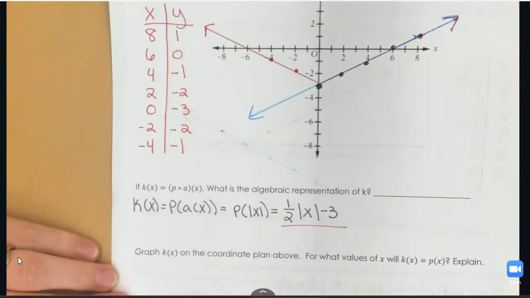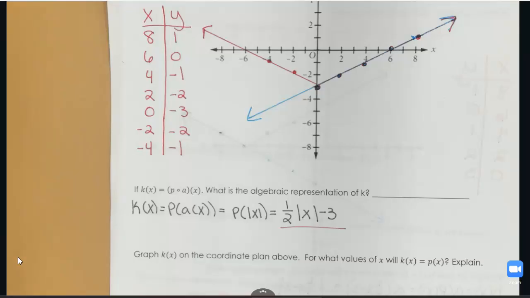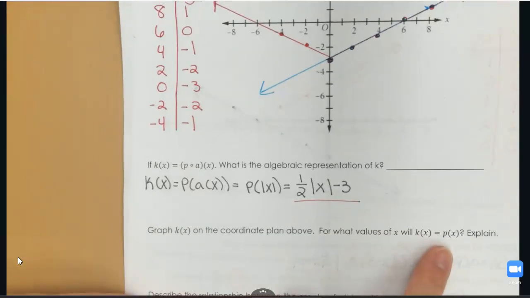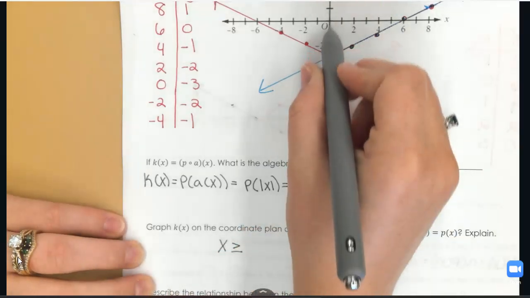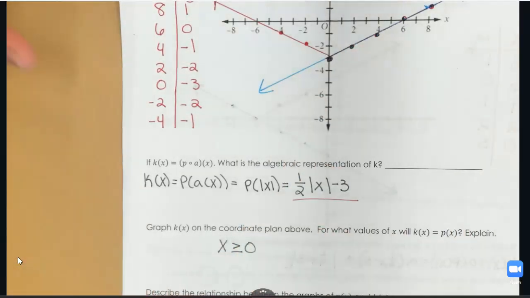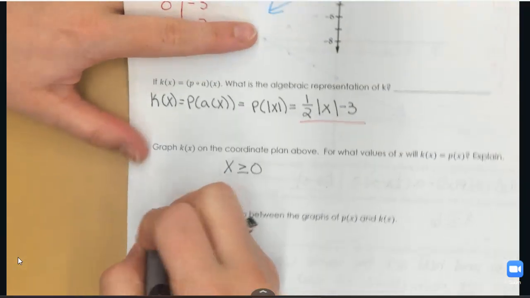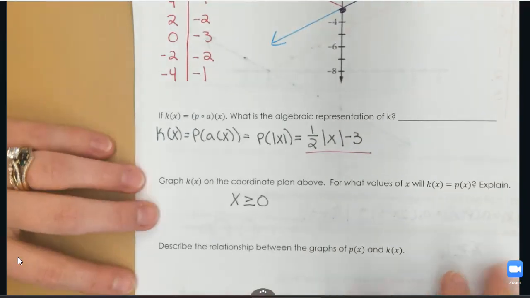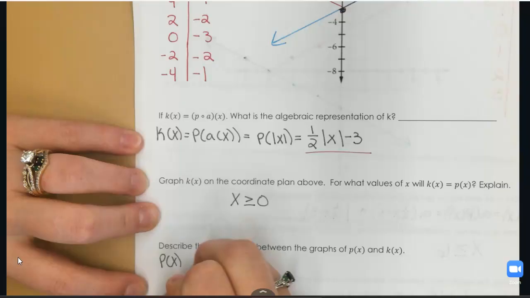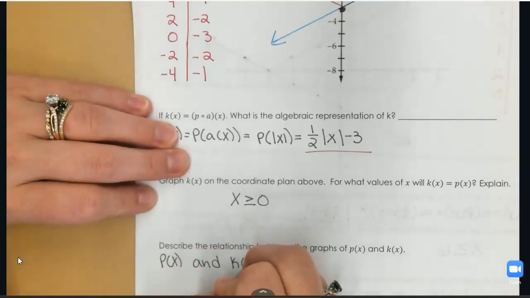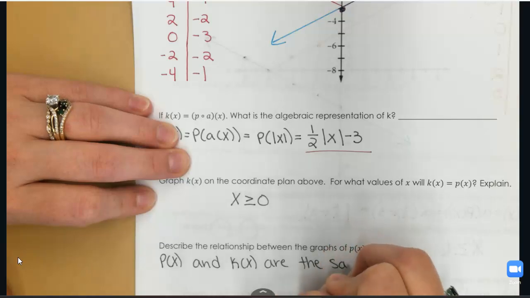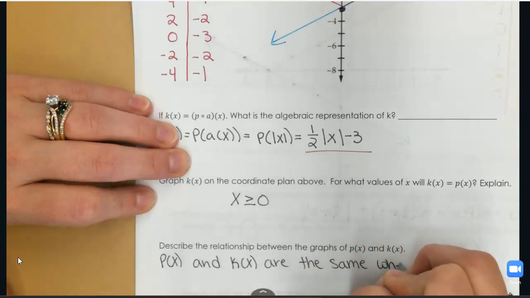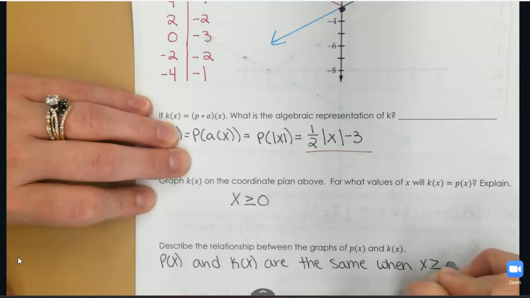So again, looking here where our blue and our red overlap, that is when these values are equal to each other. That happens when x is greater than or equal to 0. So to describe the relationship between the graphs, we again can say that p of x and k of x are the same when x is greater than or equal to 0.